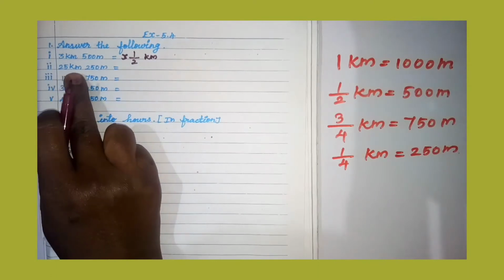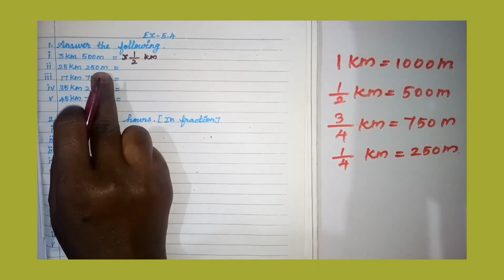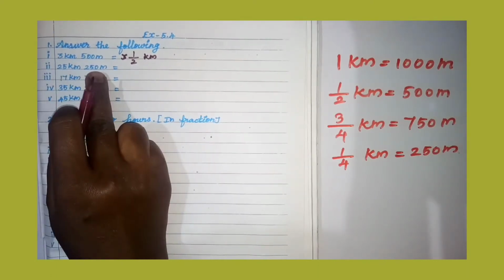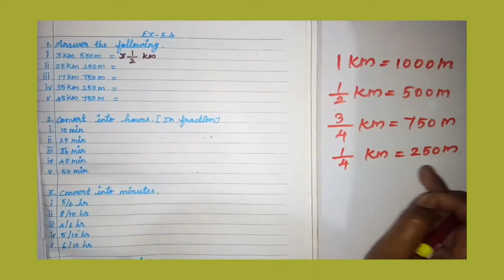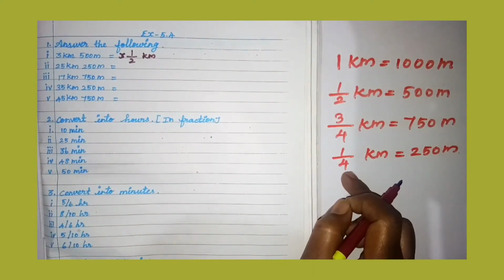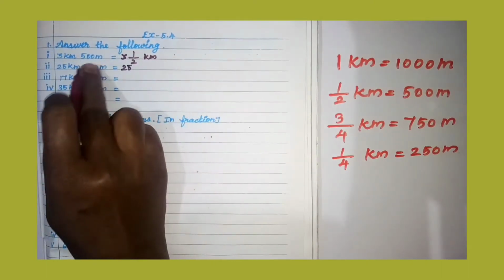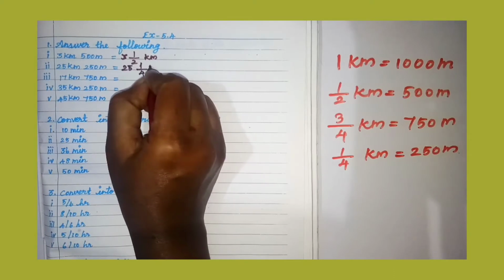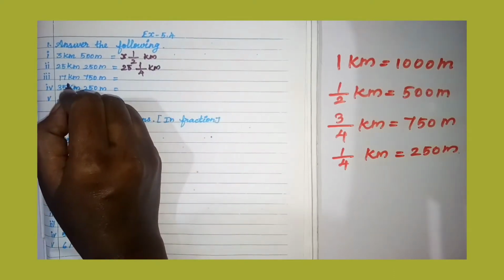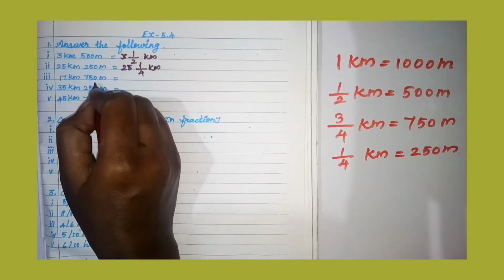Next one, 25 kilometer 250 meter. So 25 kilometer, this meter value 250 meter we write 1/4 kilometer. So second answer 25, 250 we write 1/4 kilometer. Next one, 17 kilometer 750 meter.